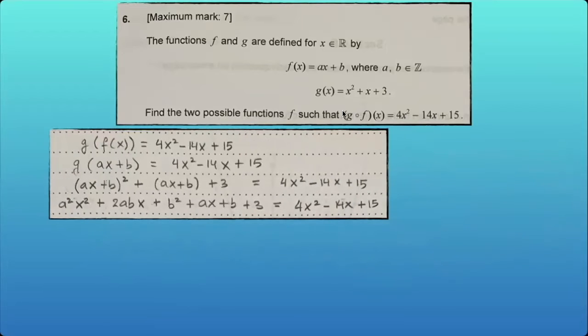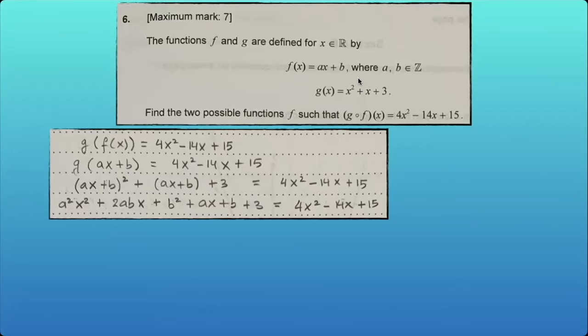Right. This expression can be rewritten as g of f of x. This means we input function f into function g. Function f is ax plus b, which is given here. So we replace x with ax plus b to get this expression.